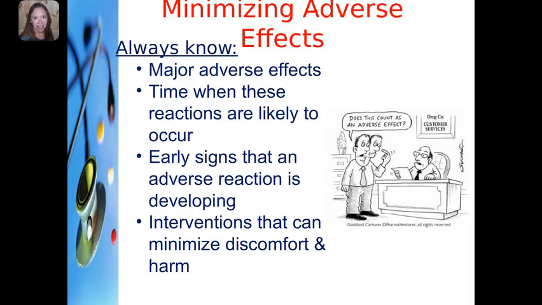If you can pick up on those early signs, now we can stop administering the medication, maybe give an antidote in order to stop a really bad adverse reaction from occurring. And then make sure you're using interventions that can help your patient with minimizing discomfort and minimizing that harm. We're always trying to maintain patient safety.